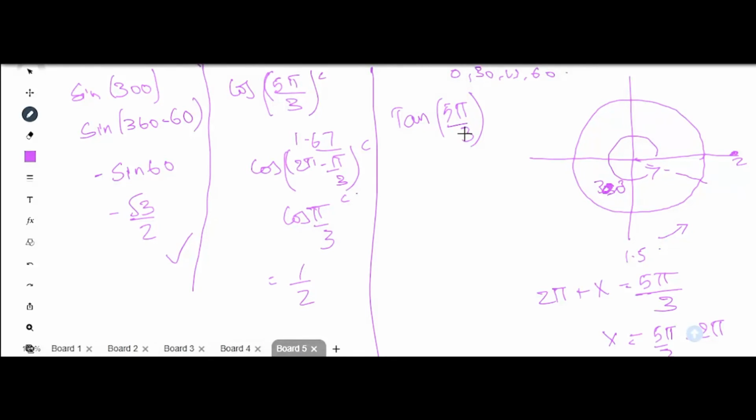Oh, this would be a negative root 3. Very good. That's the way.